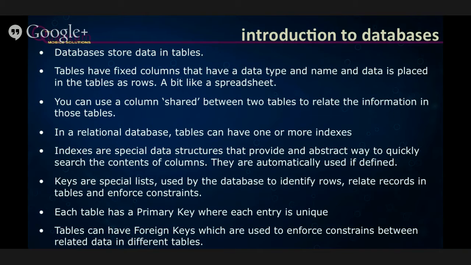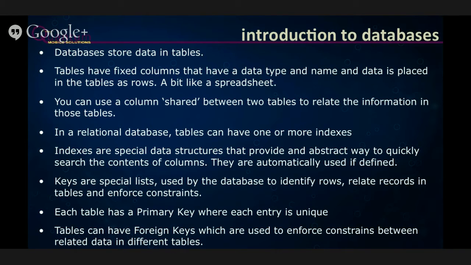Now in a relational database, tables can have 1 or more indices or indexes. Indexes are special data structures that provide an abstract way to quickly search through the contents of a column. So you can quickly go through the column and ask for specific records that match the criteria you want.